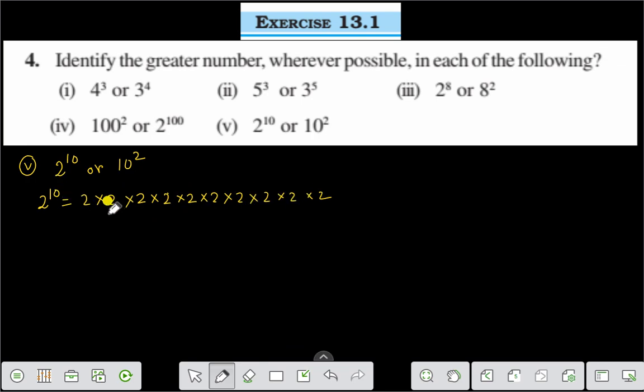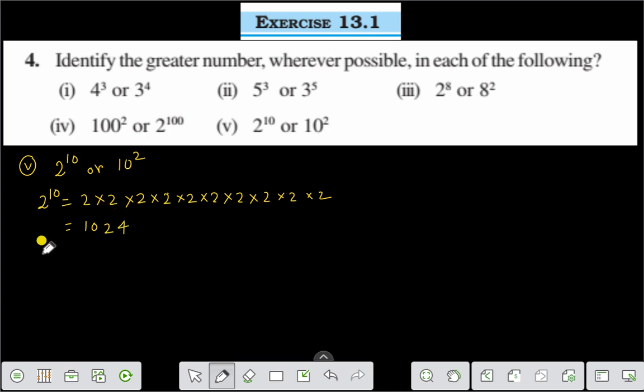We multiply this one, right? 10 times, and then you will get the value as 1024. You can multiply also and check it, 1024.